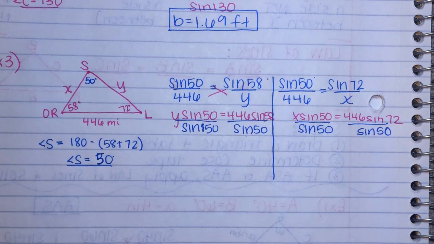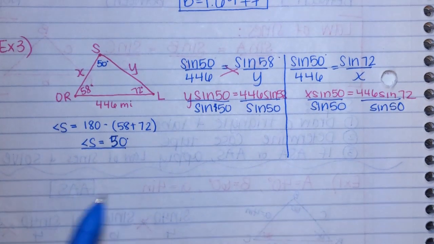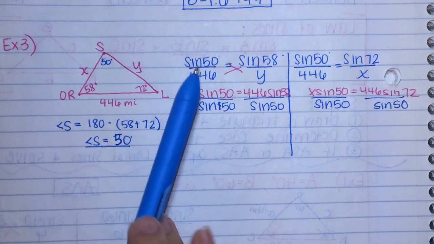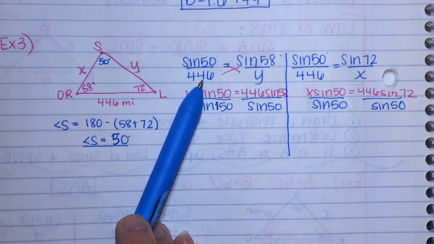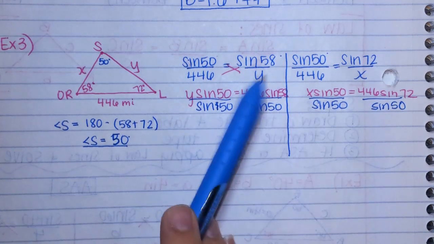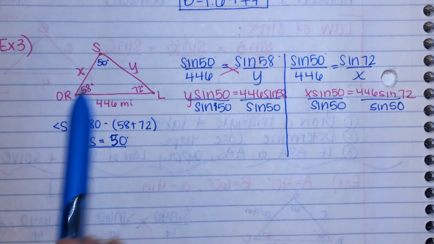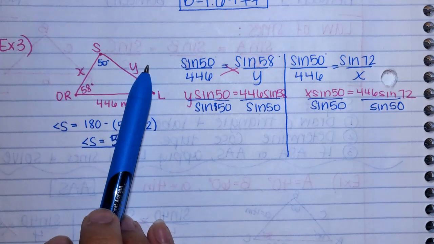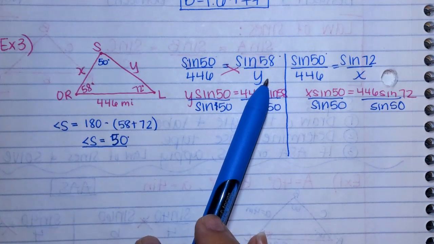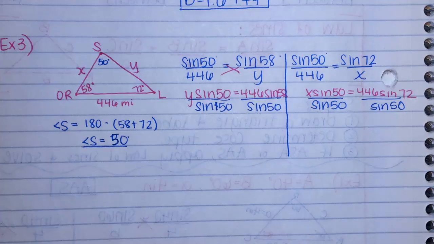Alright, so you have to find that angle S first so that you can set up your first proportion. So I got sine of 50 over 446, is that right? And then the opposite one, angle goes with the side. So sine of 58 goes with y, sine of 72 goes with x.